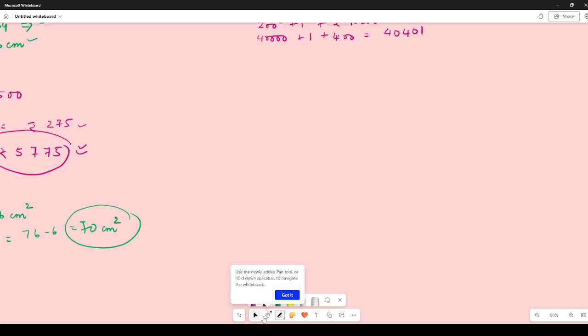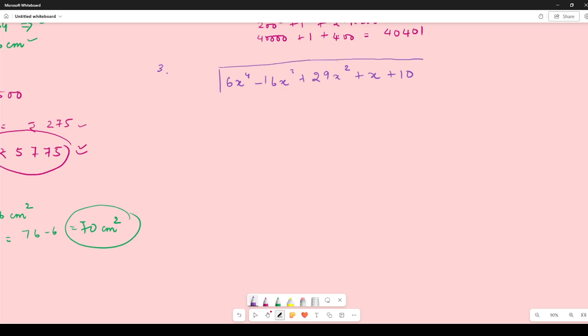So the third question over here is 6x to the power 4 minus 16x cube plus 29x square plus x plus 10 divided by 3x minus 2. So we need to cancel out.